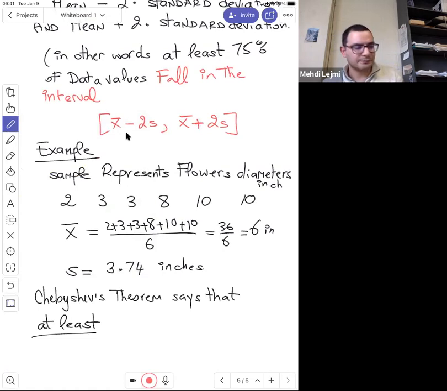The minimum. So at least 75% of your data values.